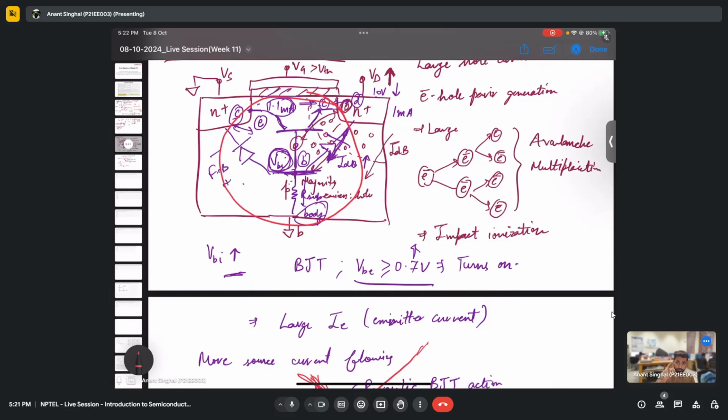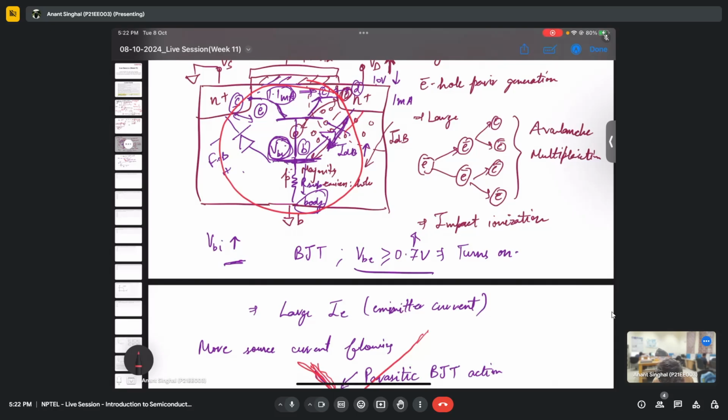Sir, when there is an increased flow of current to the body and the body voltage increases, shouldn't we assume some capacitor there? Because how would the body voltage increase without the charge getting stored there? Yeah, that is the case. So we have CDB, we have CSB. That is for sure. Parasitic capacitances are always there.